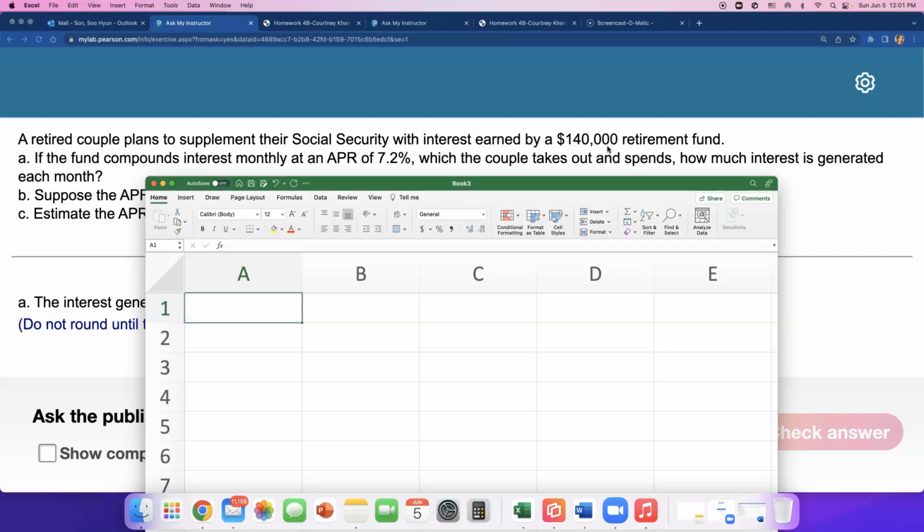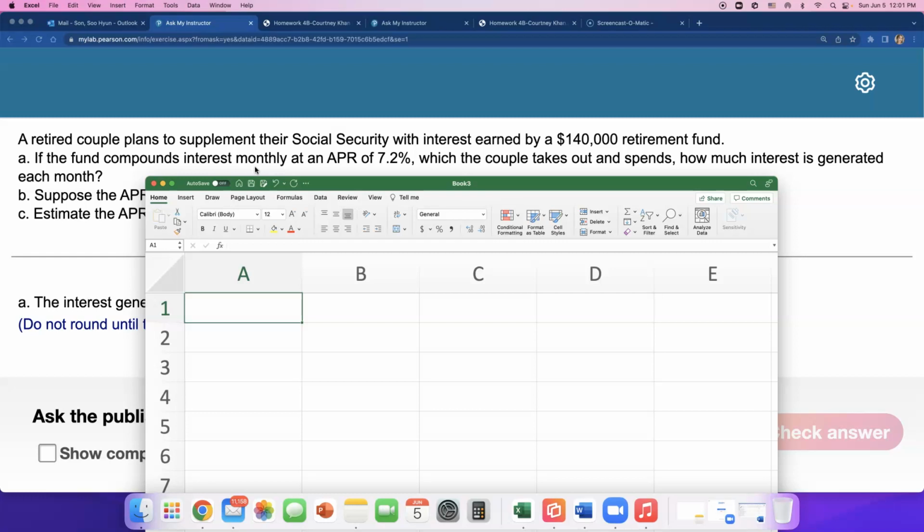So we're not dividing this $140,000 by however many years they are going to live, or by 12. What we have to find out is how much money this investment will generate in 1 year, and I'm going to divide that by 12, because they want to take out money every month.